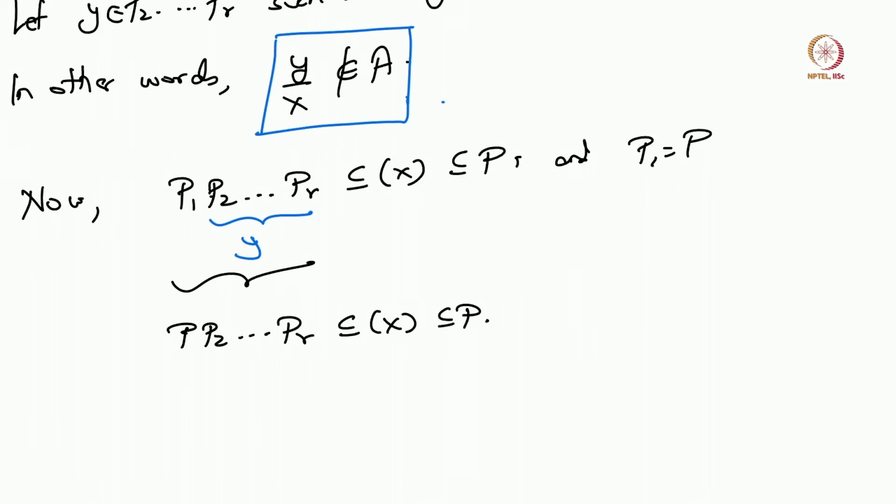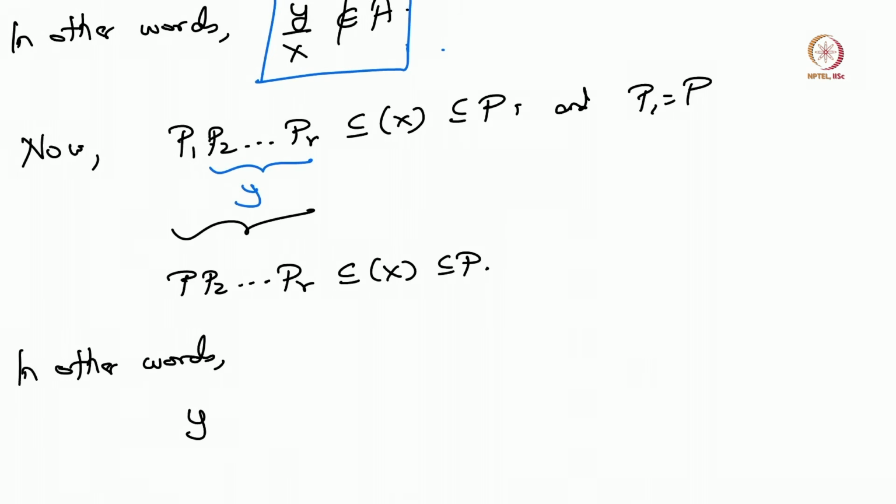this expression is just P times P2 up to Pr sits inside x, sits inside P. Okay, so in other words, y times P sits inside x, since y belongs to P2, P3 all the way up to Pr.